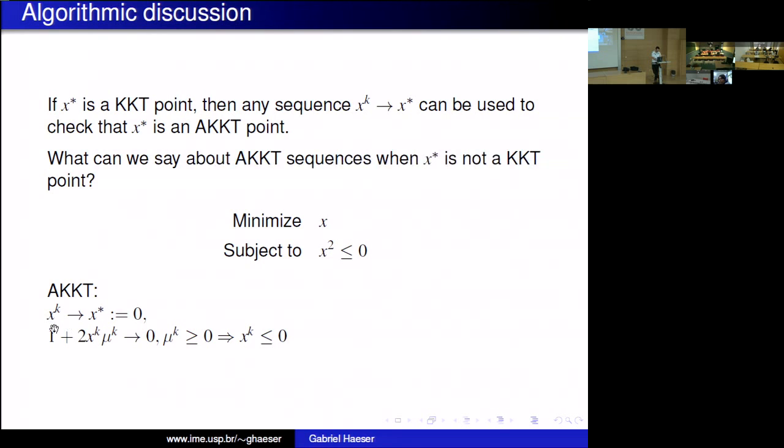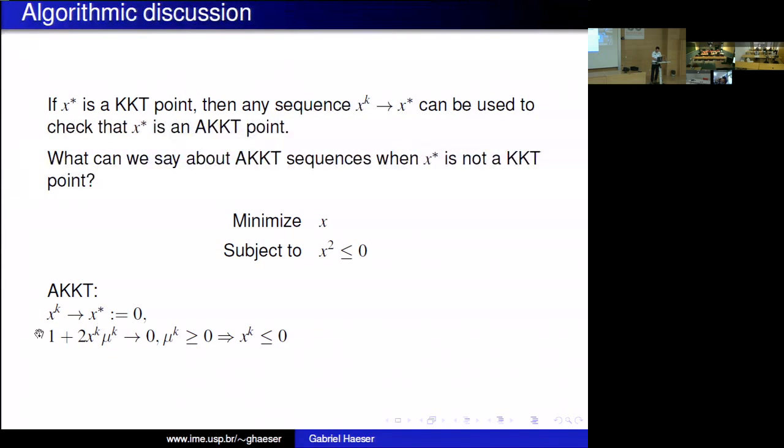So let's take a sequence xk converging to 0, and let's look at the gradient of the Lagrangian. It's the gradient of the function, that is 1 at xk, it's always 1, plus the multiplier mu k times the gradient of the constraint. We see that this constraint is active at the solution, so I should consider this constraint in the Lagrangian, and this gradient is 2xk.